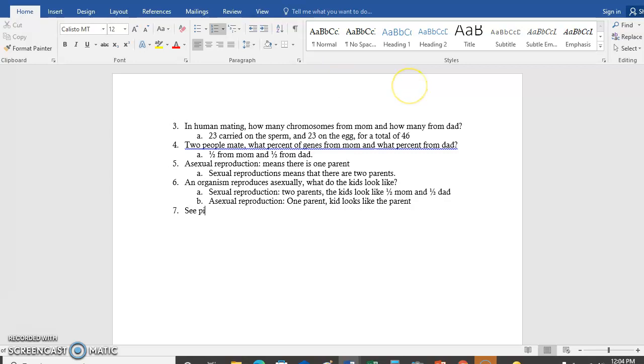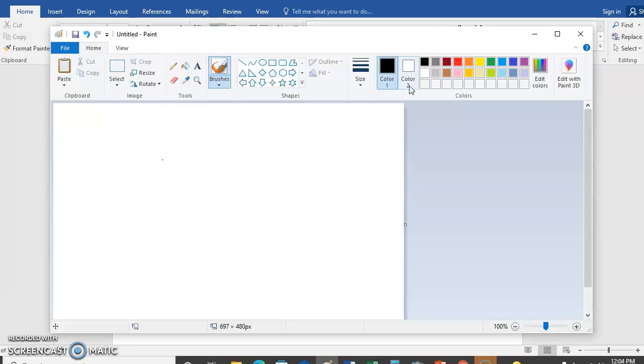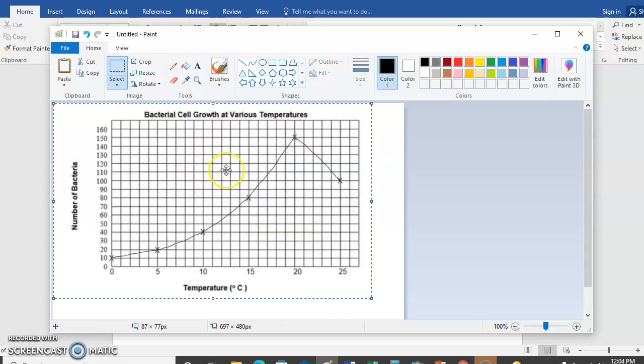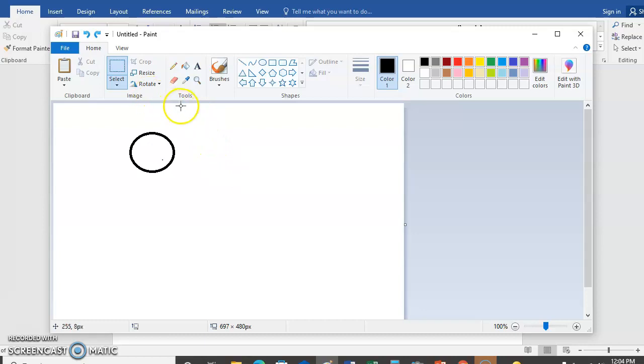Number 7. Draw normal cells and then draw cancer cells. So a normal cell looks like this, right?